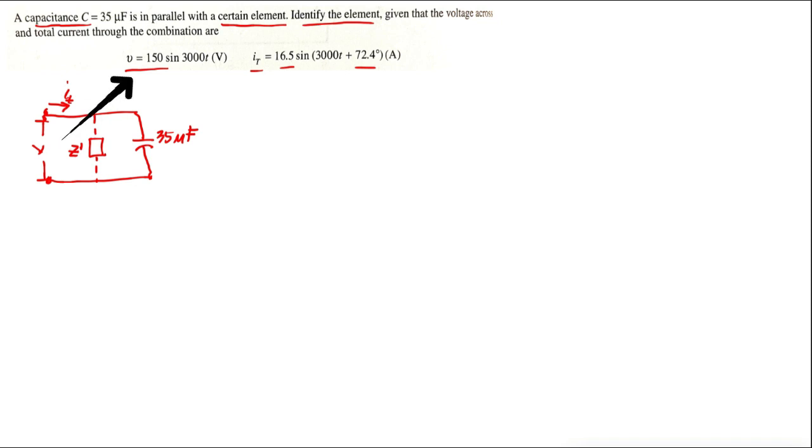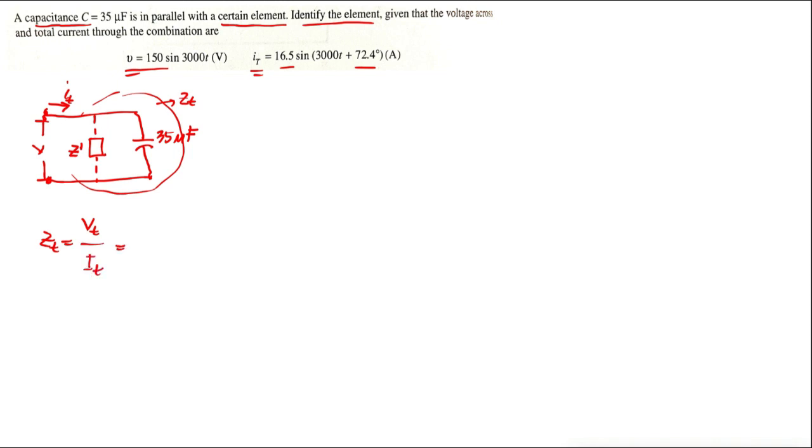Now, to be able to solve for Z prime, let us first get the total impedance of this system. To get the ZT, or the total impedance of the system, we can use the total voltage and the total current. So we have the V sub t and I sub t.